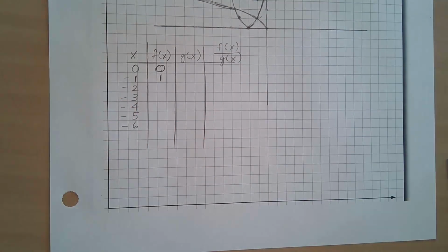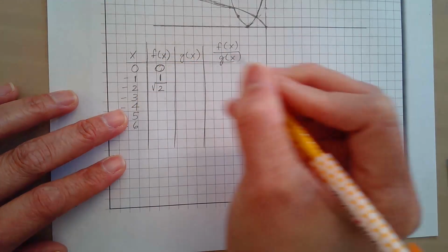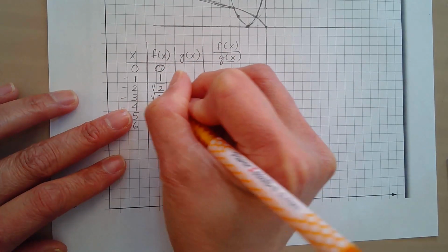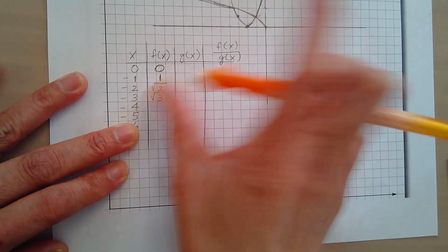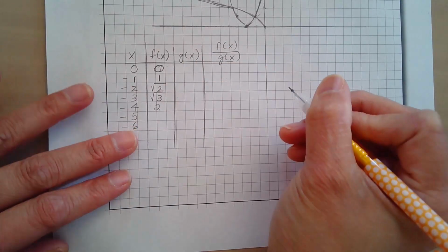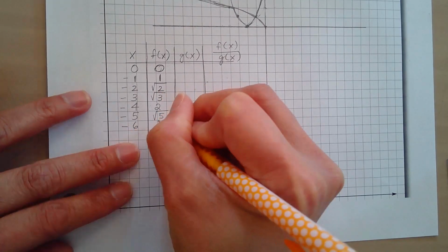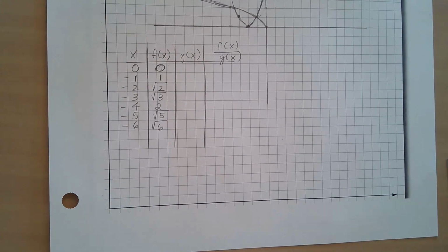The square root of negative 2 would be square root of 2. Square root of 3. The square root of negative 4 is 2. You can put the decimal approximation of those numbers. I just didn't have a calculator.